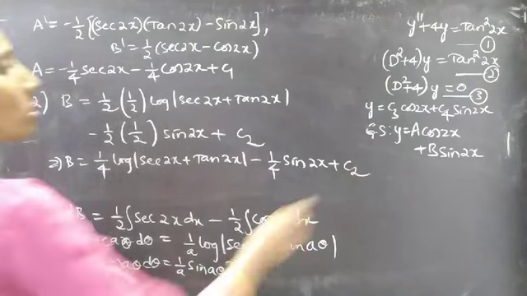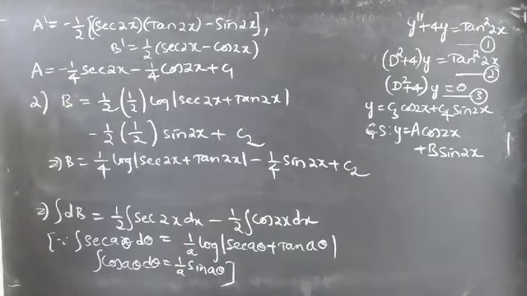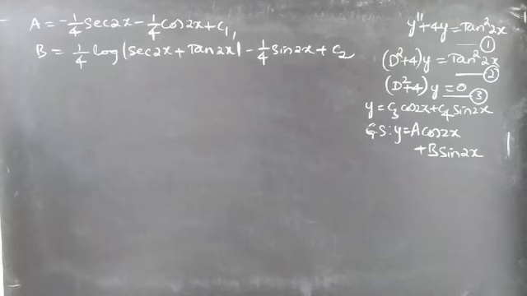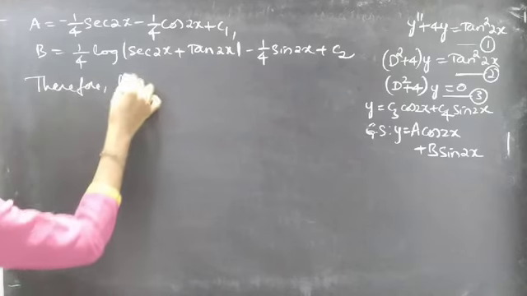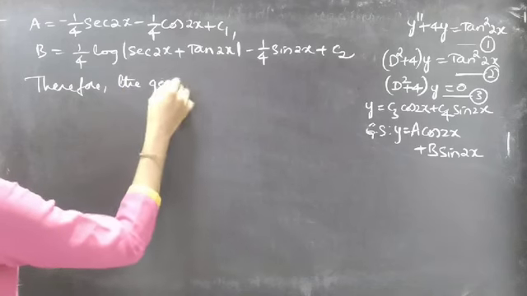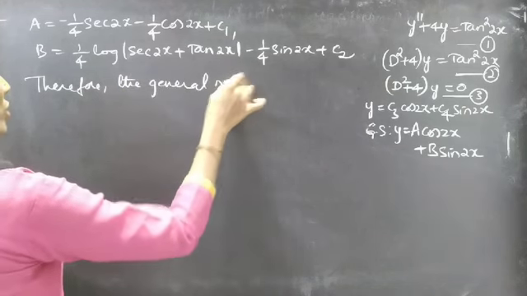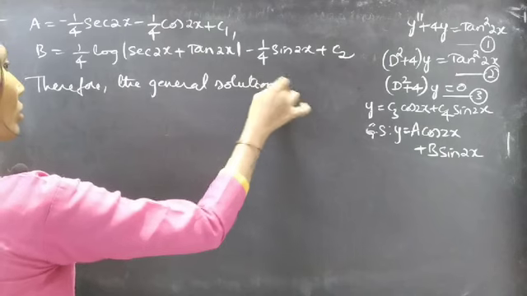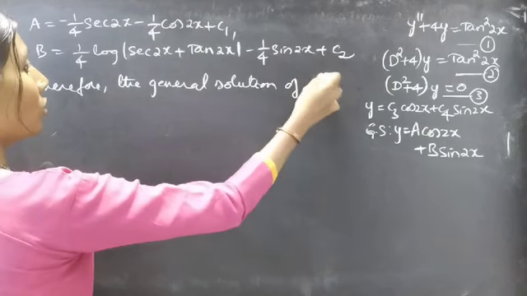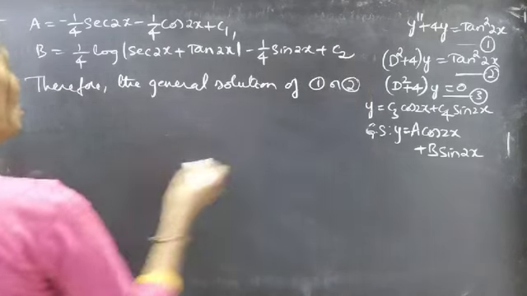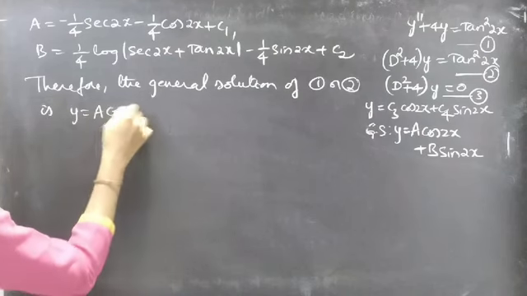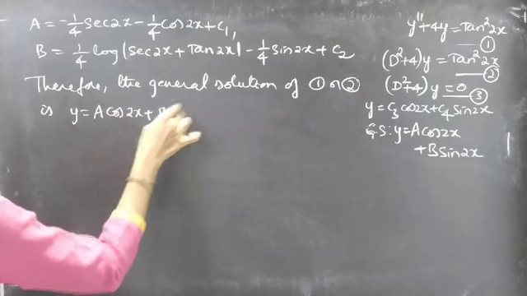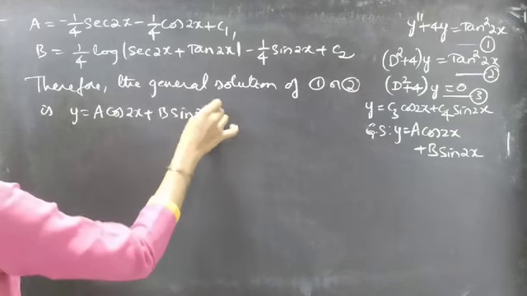Let's now write the general solution using y equal to a cos 2x plus b sin 2x. Therefore, the general solution of the given equation 1 or 2 is given by y equal to a cos 2x plus b sin 2x. Let's now substitute a and b here.